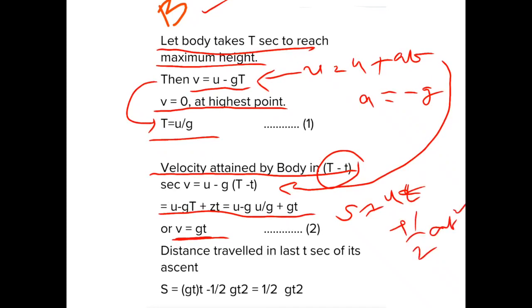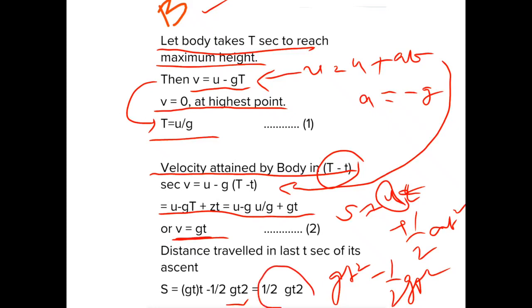Here u means velocity gt, t already there, half of gt square. So if you substitute it, you will get gt square minus half of gt square. So you will get x minus half of x, so you will get half of x. That means half of gt square is the correct answer.